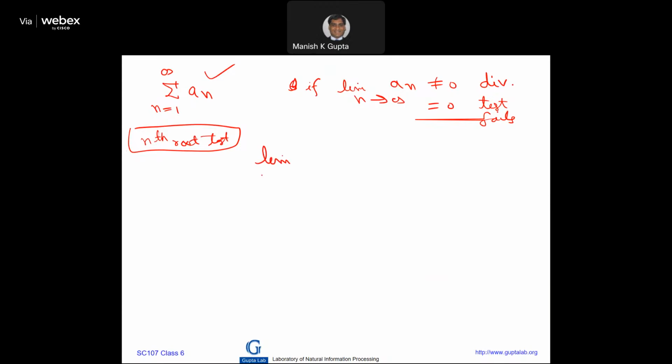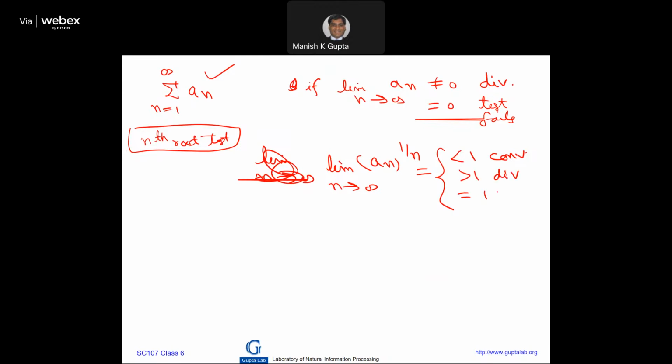You just compute the limit as n tends towards infinity of An raised to the power 1 by n. If this is less than 1, convergent. Greater than 1, divergent. Equal to 1, test fails. I will write the shorthand TF, test fails, right? nth root test.